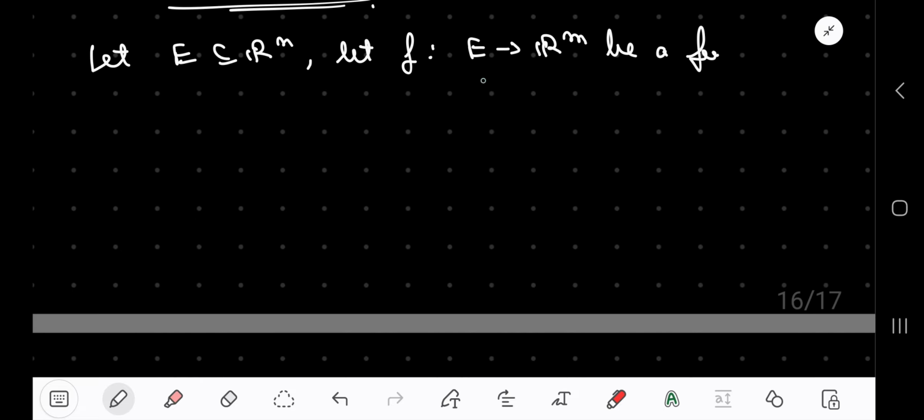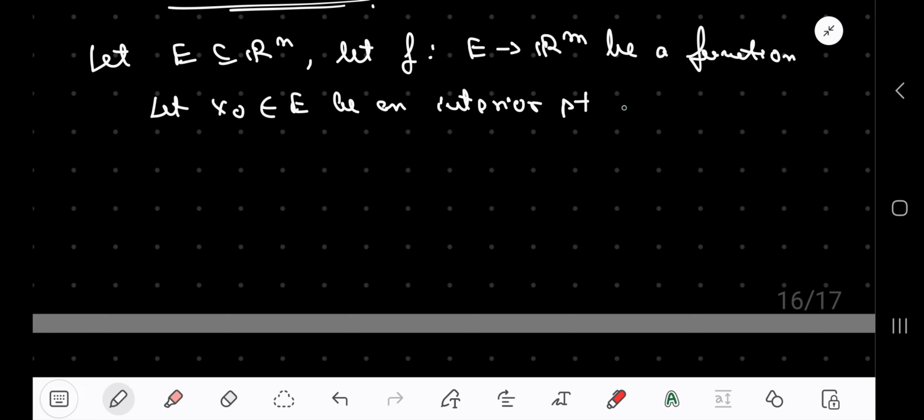Okay, so f from E to Rm be a function, let x naught be an interior point of E, and let 1 less than or equal to j less than or equal to n.